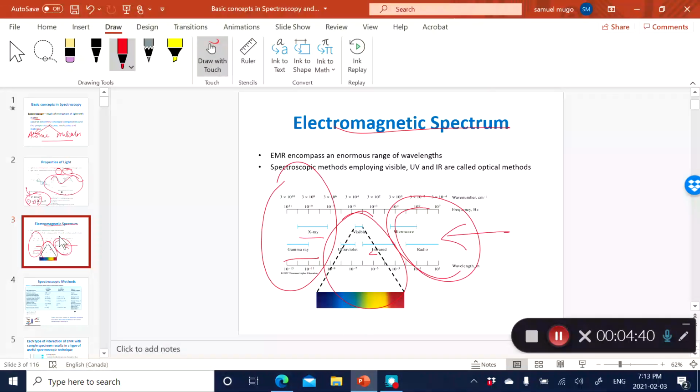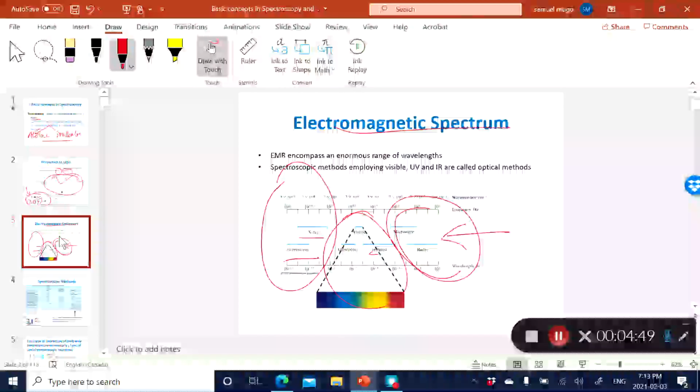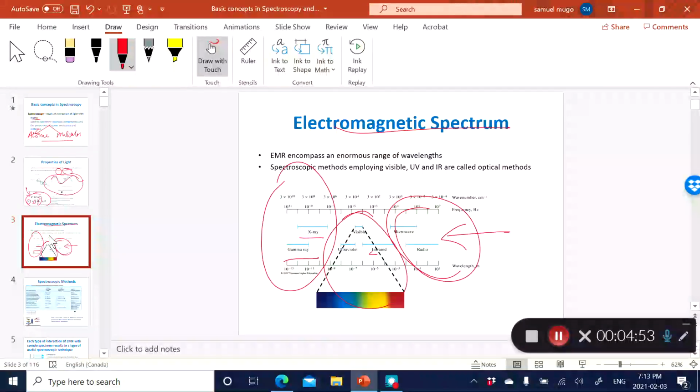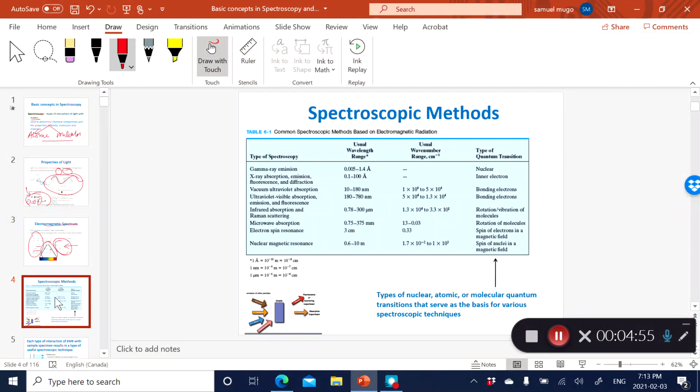Depending on the energy of the electromagnetic radiation that you are using, different valence electrons are going to be affected by those types of electromagnetic radiation. And so based on that, you can have all sorts of different types of spectroscopies depending on the energy of the EMR that impinges on the chemical specimen.